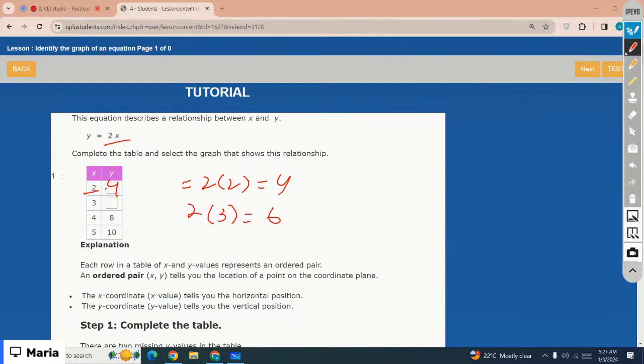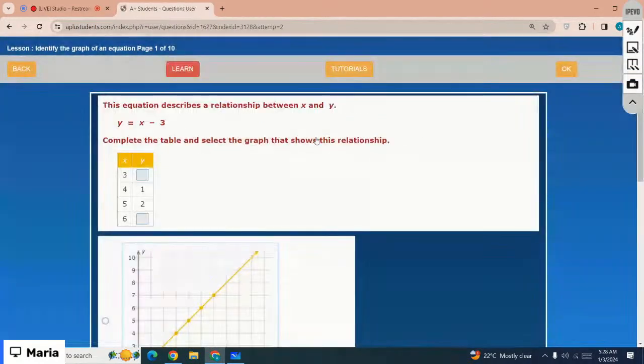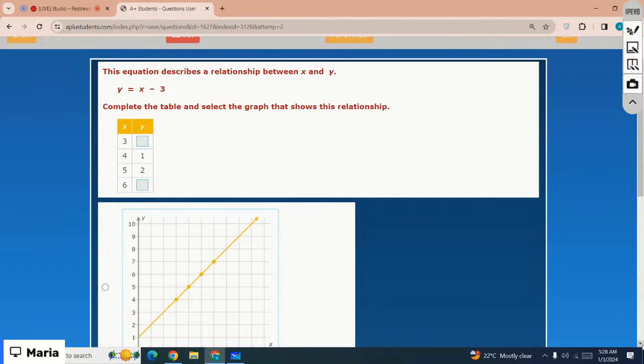Let's just start with the next one. This equation describes the relationship between x and y. Y equals x minus 3.